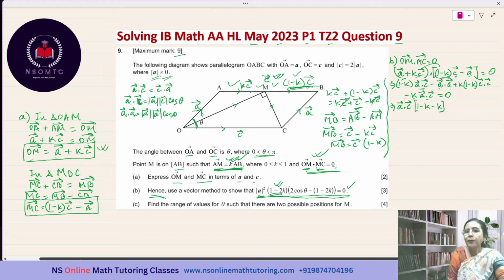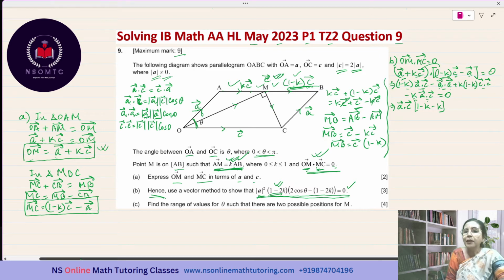Same for C dot C. It is the magnitude of the C vector times the magnitude of the C vector times cos 0, because the angle between them is 0. And we are seeing that the magnitude of the C vector is equal to 2 times the magnitude of the A vector. So we have combined these two for the second term. For the second term, I am writing the magnitude of the A vector times the magnitude of the A vector.